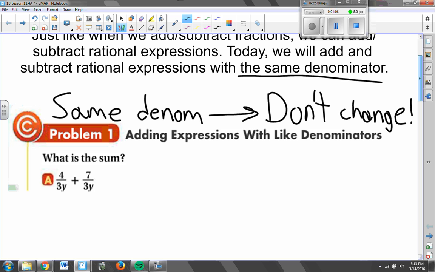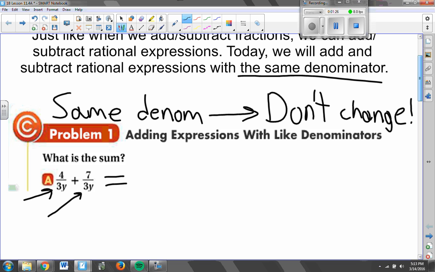So, in this first example, if they want me to add together 4 over 3y plus 7 over 3y, these two denominators are the same, so I will simply add the numerators together and leave the denominator exactly what it is in both of these fractions.